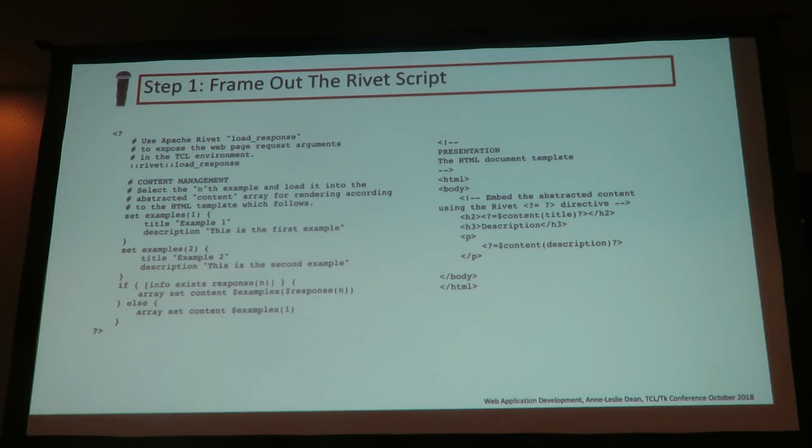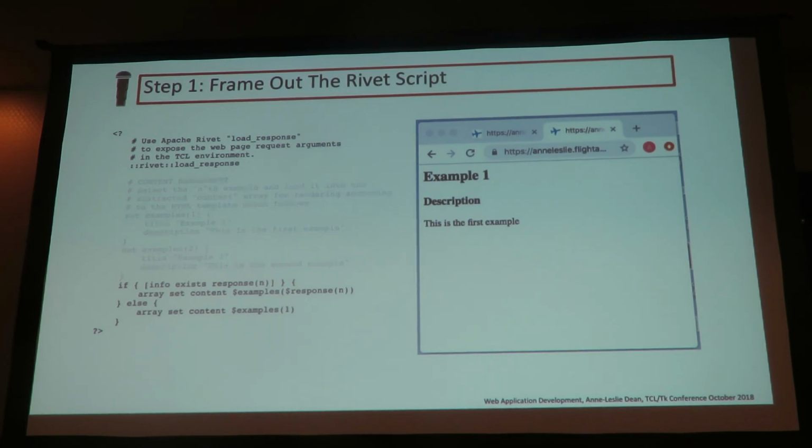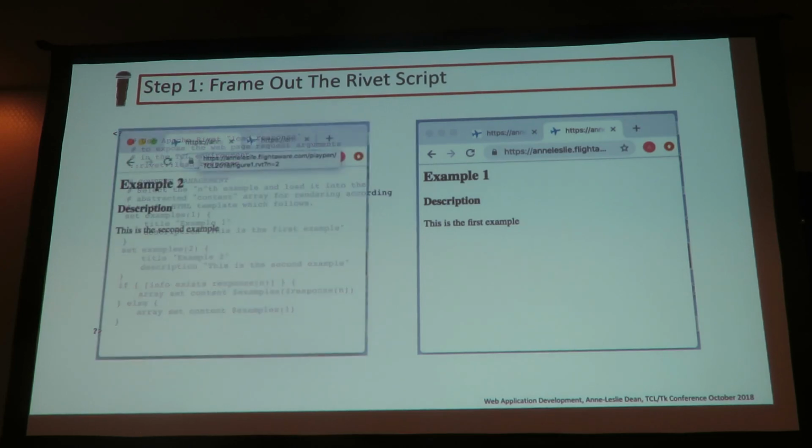So here's a bunch of code. And it basically puts on the screen a web page that has this text. It accepts an argument on the URL that if you pass the argument n equals 2, it displays example 2.